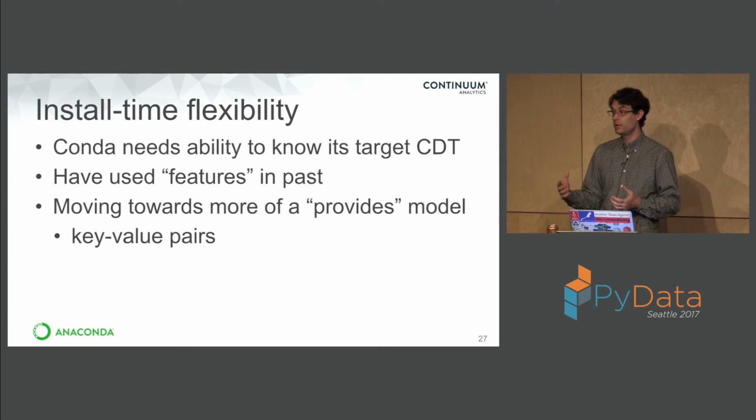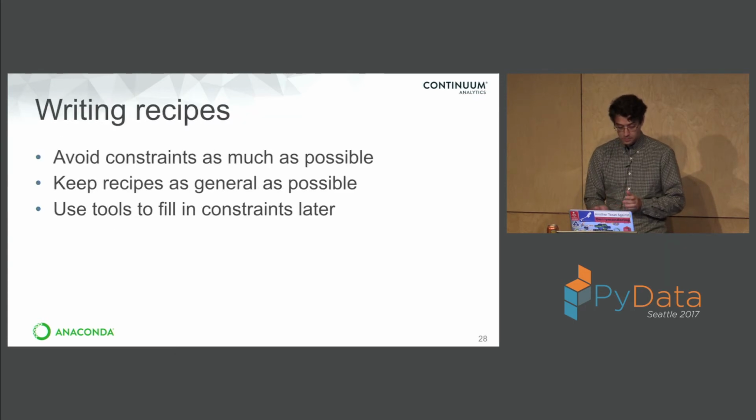And Conda can then make recommendations to you to say, oh, well, this package is uninstallable because of this. Or it can also say, oh, you're actually running a new OS, and we can turn on these extra optimizations. So it's going to give us a lot of flexibility to make things work better.